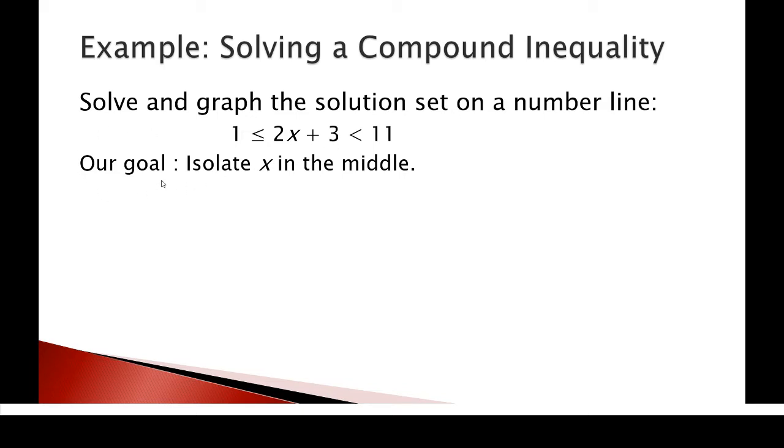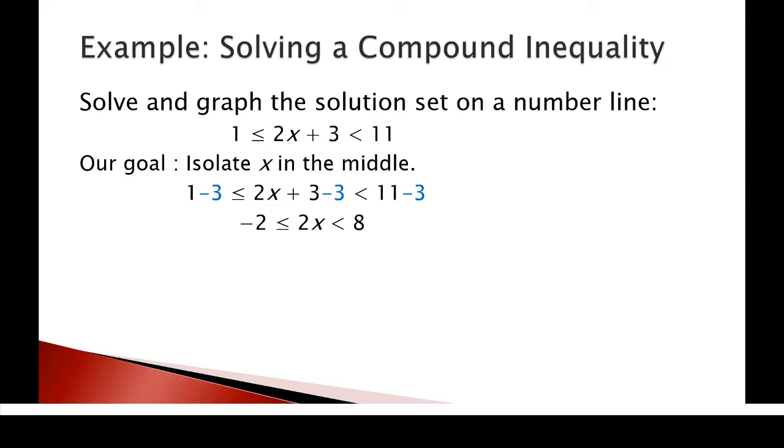Our goal is to isolate x in the middle. To isolate x, first you need to remove this 3. To remove this 3, subtract 3 from each term in the inequality. Make sure you subtract 3 from each term.